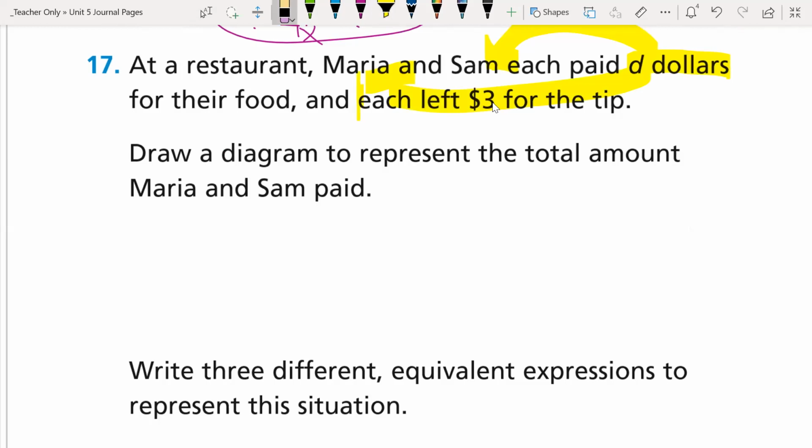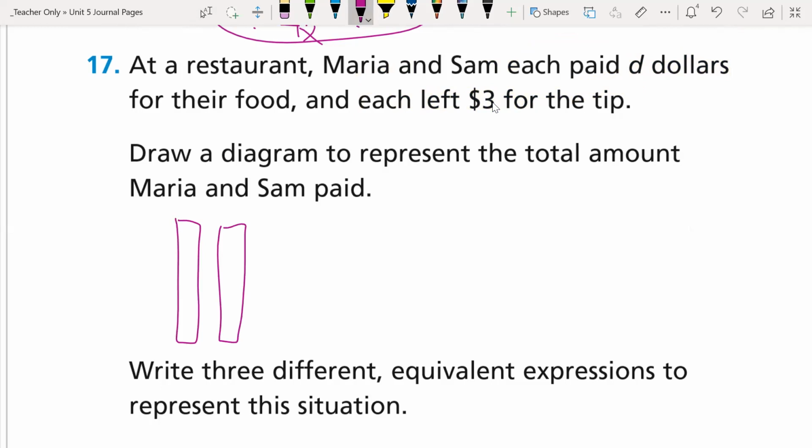So draw a diagram. Sam paid D and Maria paid D. And then they each did 3.